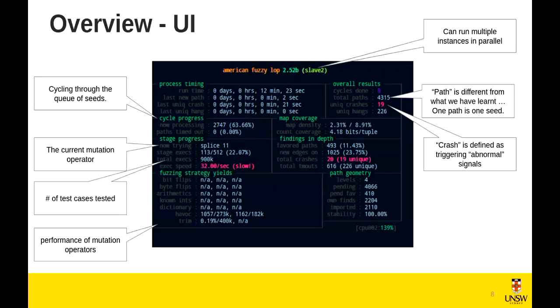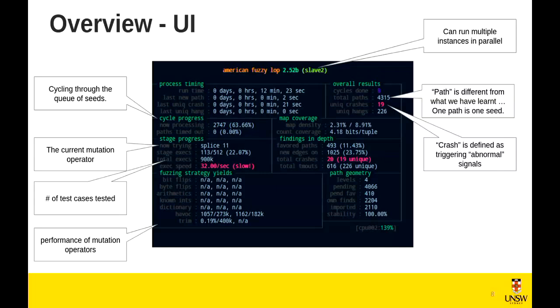And you may also notice that there is a line called unique counts. So unique counts are actually timeouts. AFL measures the average execution speed of different test inputs. If a test input takes a long time to execute, it might be treated as a timeout.